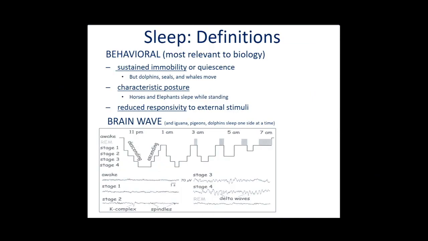So as definitions, if you were going to look at someone and you tried to define sleep without using brain waves, you would do it behaviorally. You say that the most relevant to biology in comparing all these different species is sustained immobility or quiescence. But dolphins, seals, and whales move. A characteristic posture, but horses and elephants sleep while standing.